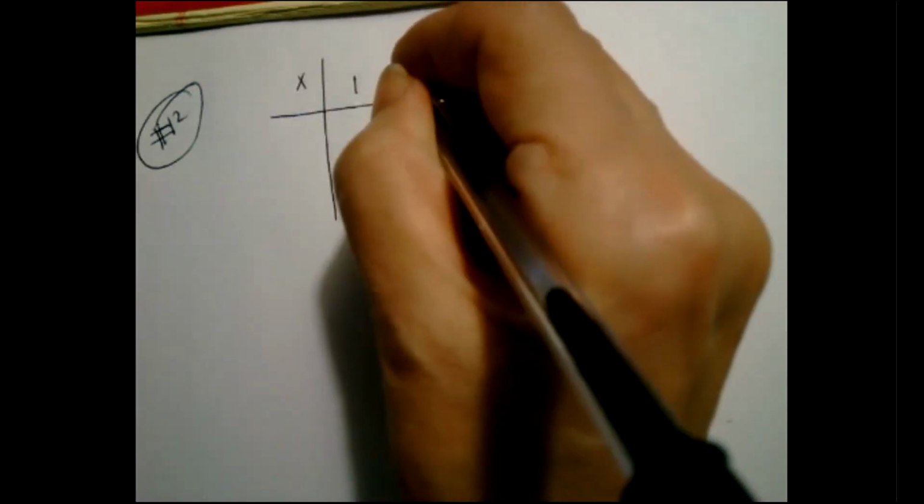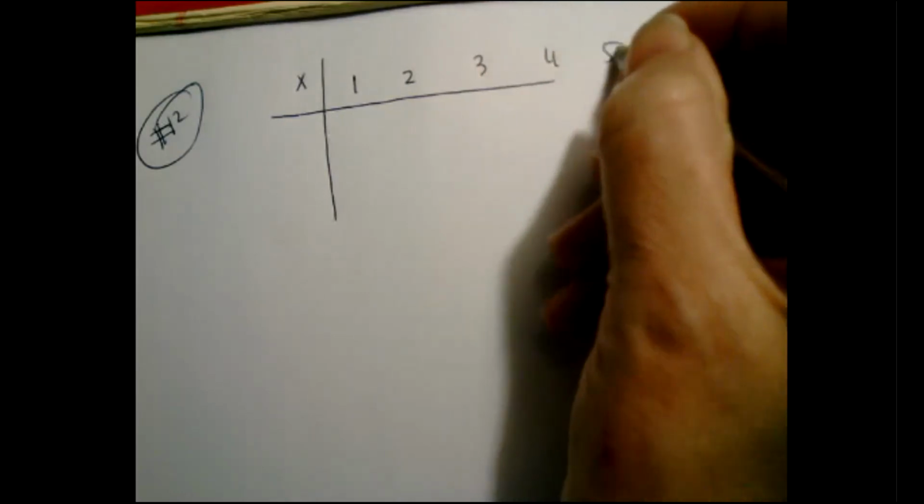So here is the question, number 12. Let me pick it up. In number 12, they give us the values of the derivative as a table. And then they ask us to find the derivative of new functions. So we have the inputs 1, 2, 3, 4, 5.